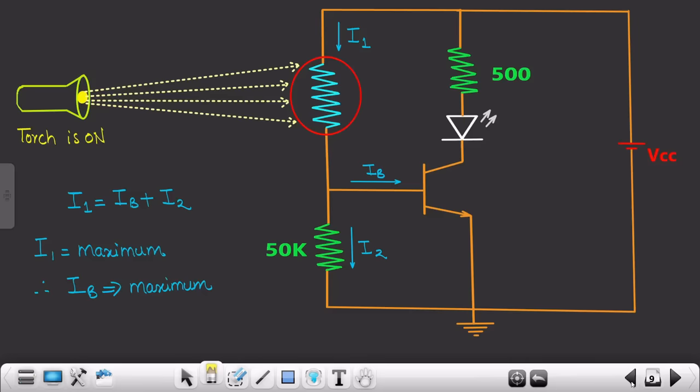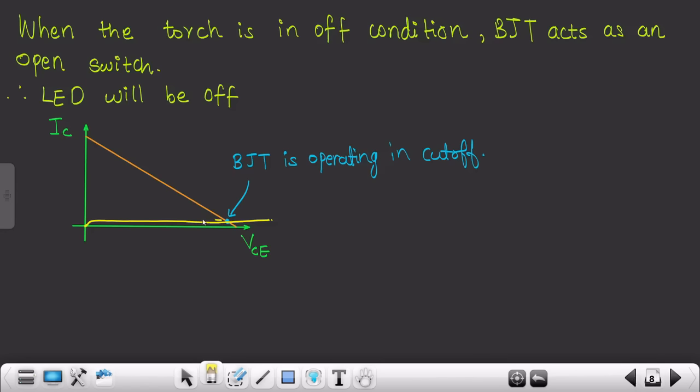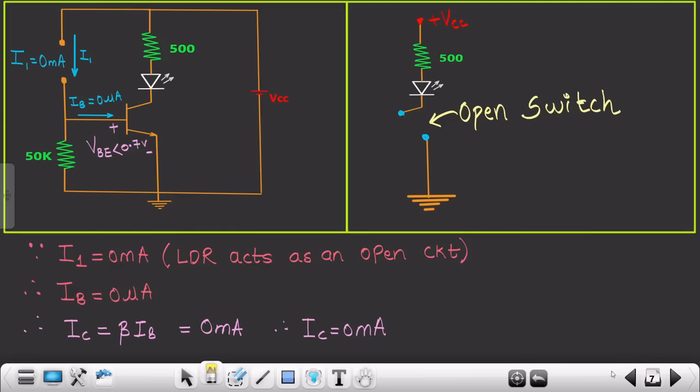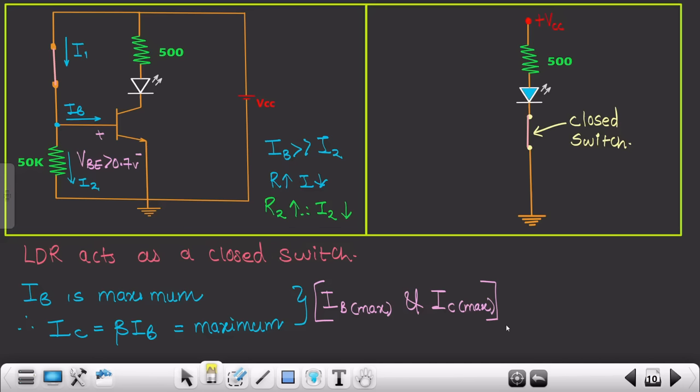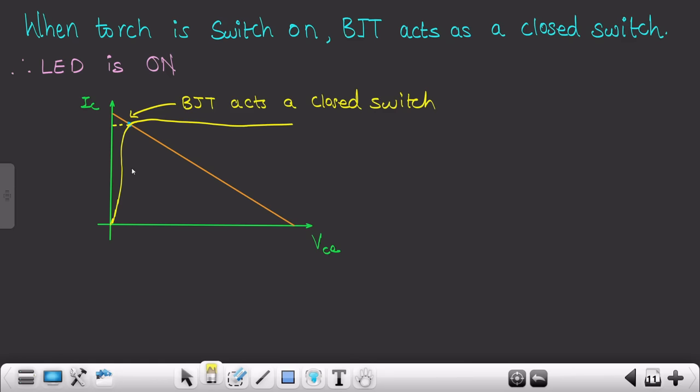On the contrary, in the previous case, the value of IC was minimum, almost equivalent to 0. Whereas the collector to emitter voltage VCE was high then. Over here, the collector emitter voltage is negligible, very much less.